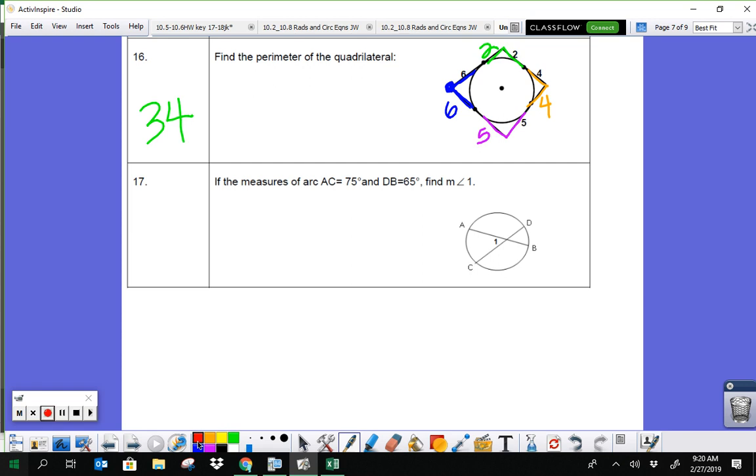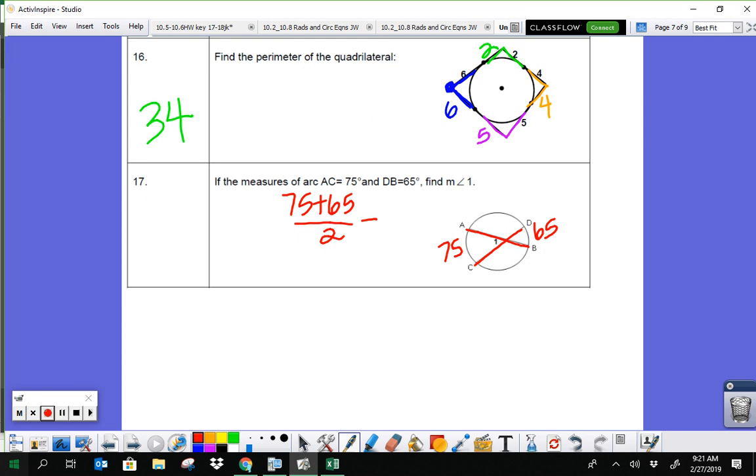Number 17, find the measure of angle, if arc AC is 75, so 75 here, and DB is 65. Okay, when you have these 2 secant lines crossing in the middle, notice they kind of make a plus sign. Okay, that tells me that I need to add these 2 arcs together. So I'm going to do 75 plus 65.